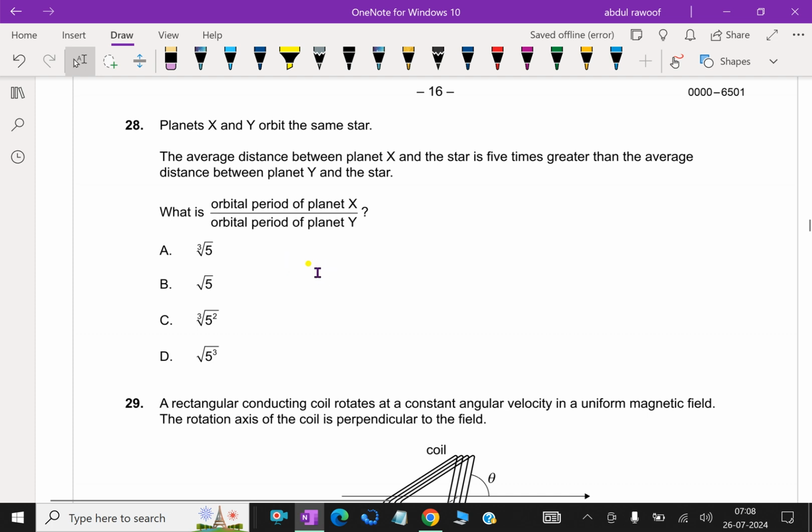This is by using Kepler's law: T squared is directly proportional to R cubed.